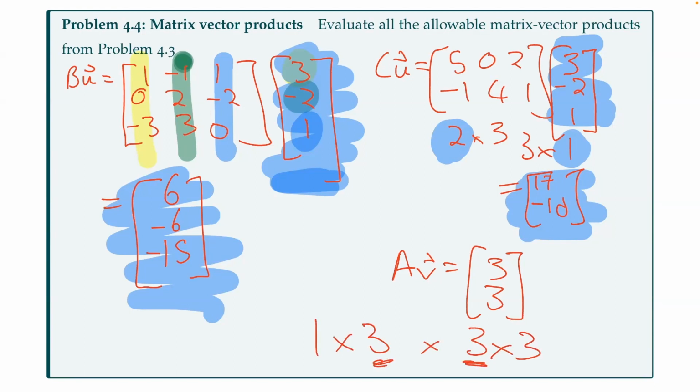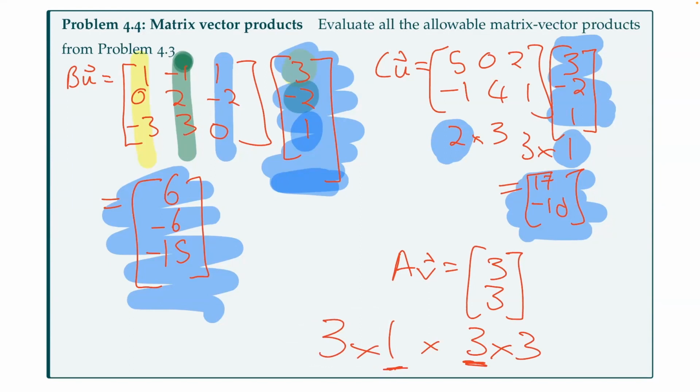If I tried to do this with a column vector that was 3 by 1, these inner parts aren't the same anymore, so the product's not going to be defined. So we can do it, but it has to be a row vector. Okay? Any other questions? No.